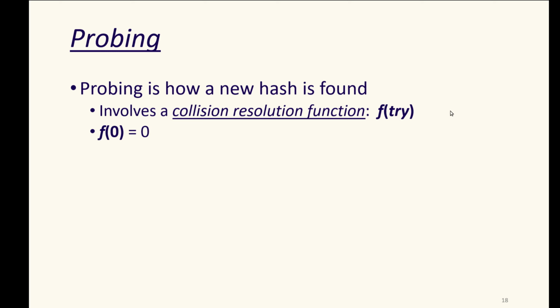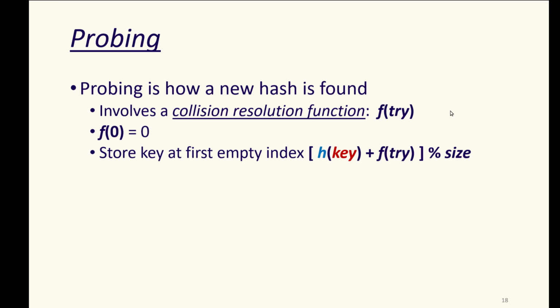So we try some number, and we see if it's possible, and we will do mod of size so that we can loop back to the start if we would have had to step past the last legal index in our table. If the try size reaches size - 1, then the probe fails.